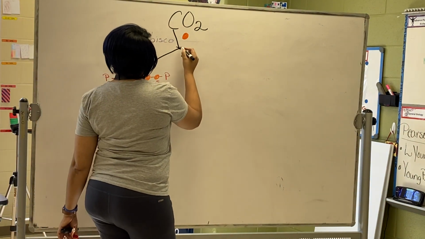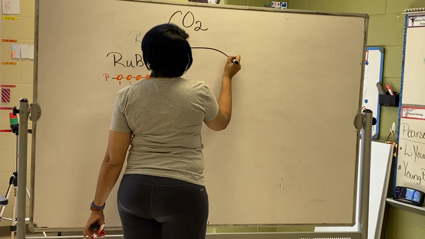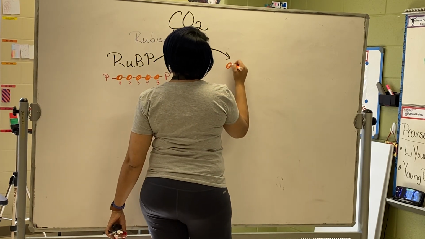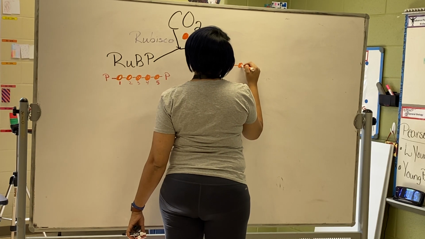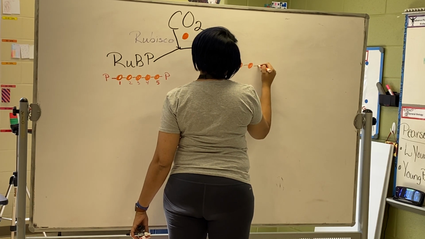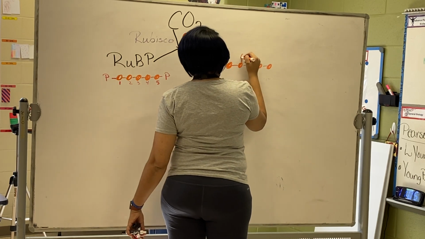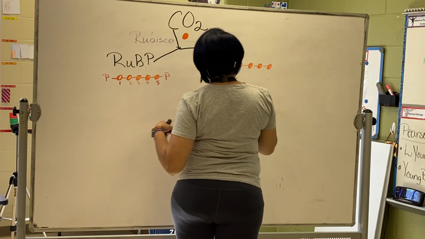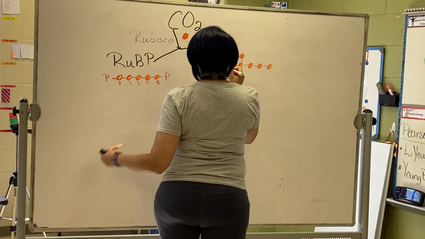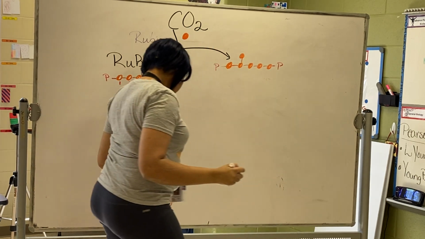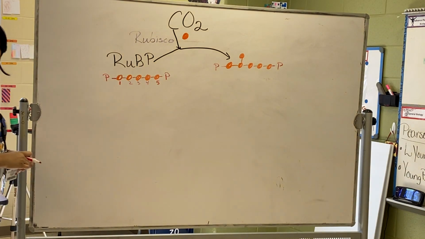All right, now, when these two bond together, they form a temporary compound that we don't even bother to name. It has a name, but we're not gonna worry about it. Carbon dioxide carbon is gonna add to the number 2 carbon, and you still have your phosphate groups on each one of those, okay?